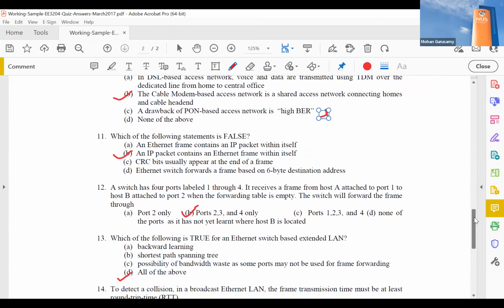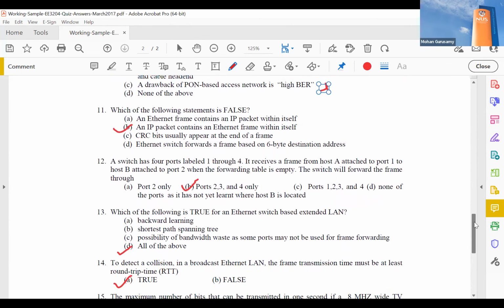Which of the following statements is false? A: Ethernet frame contains an IP packet itself. What is the meaning of this? This is the layer 2 header. This is the layer 3 header. This is the layer 4 header.